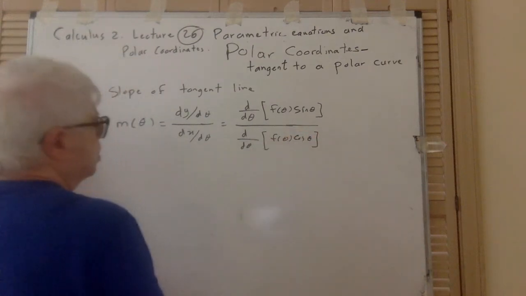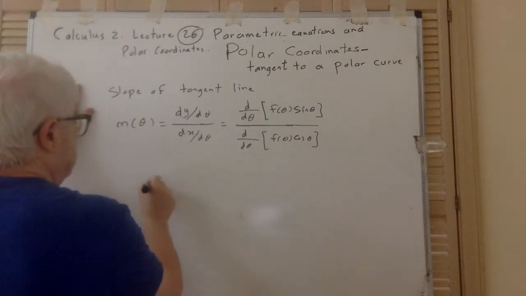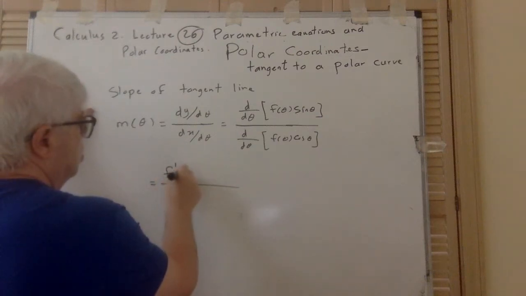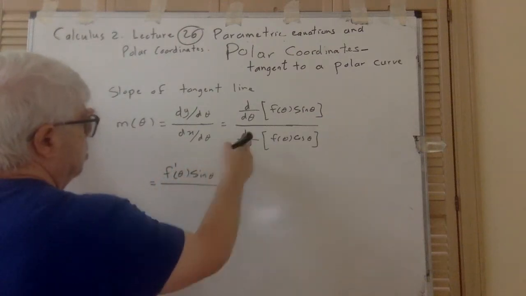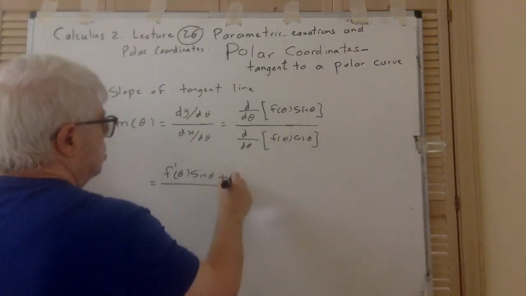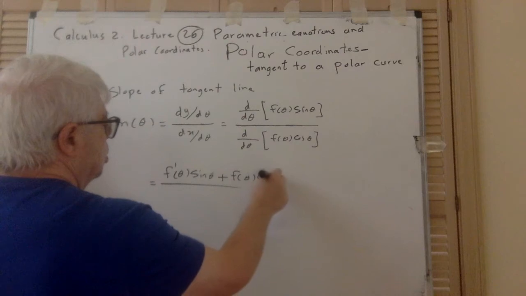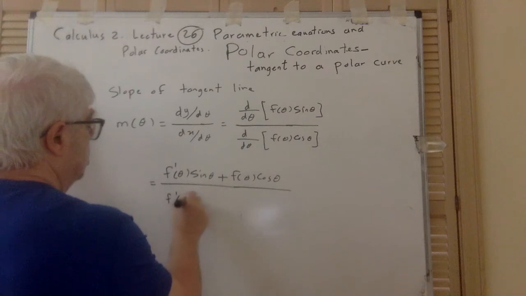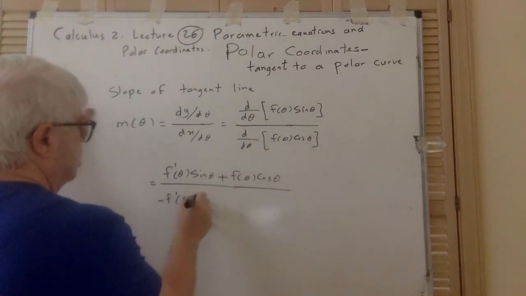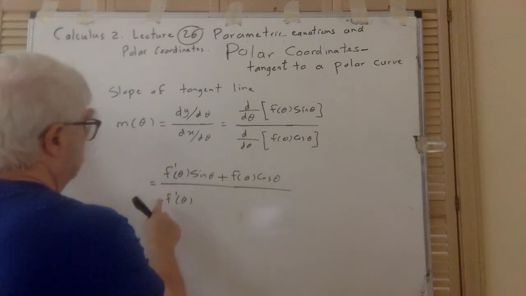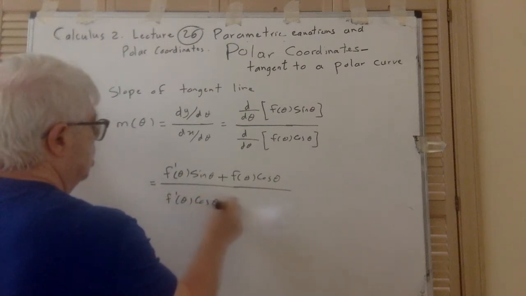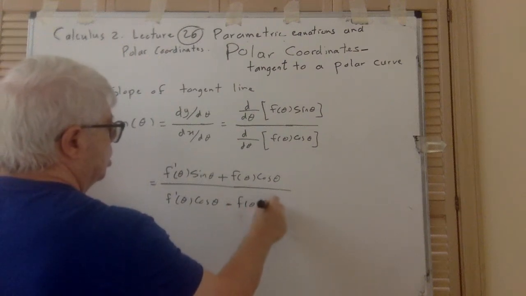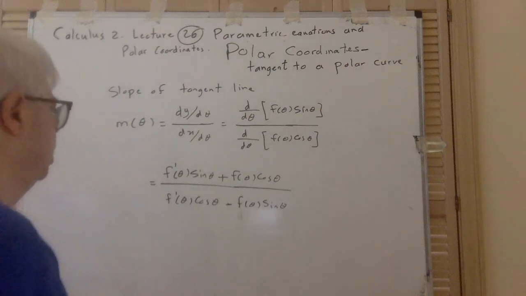The numerator is f prime(theta) sine theta plus f(theta) cosine theta. The denominator is f prime(theta) cosine theta minus f(theta) sine theta, since the derivative of cosine is minus sine. Okay, you can leave it like this.